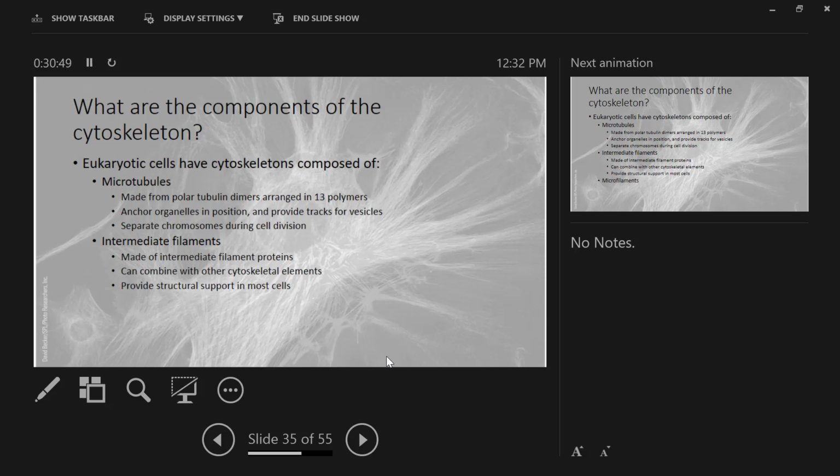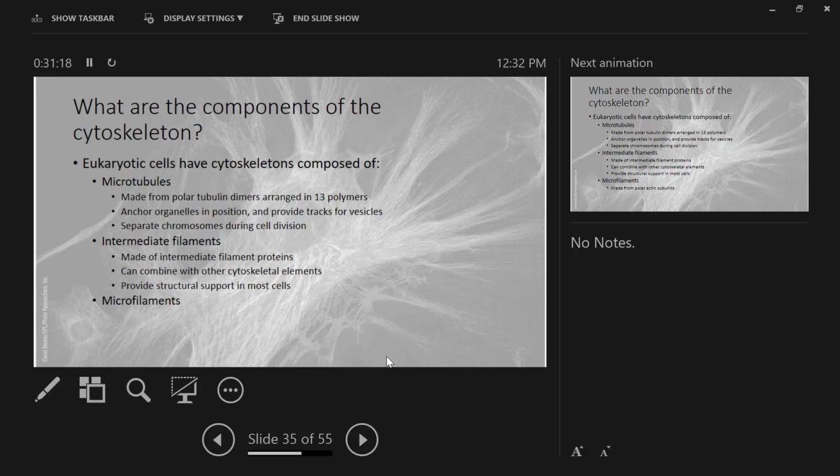So these provide structural support, and we'll see this to be especially true with cell junctions. And so the last question on your quiz asked for you to provide a type of cell junction and the protein involved. And so one type of cell junction uses a great deal of intermediate filaments to help keep cells attached together.